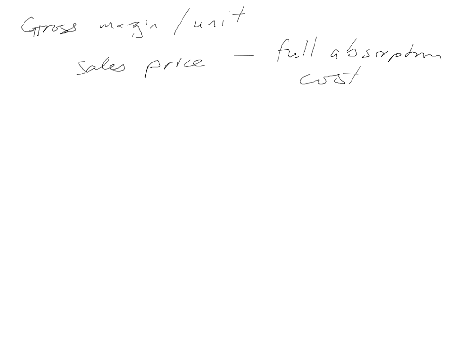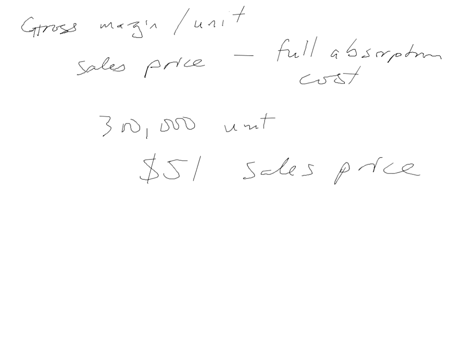And so for the 300,000 unit production level, we have a sales price of $51, which the question gives us. And we've already calculated our full absorption cost on part F for $37. So in this case, we just do 51 minus 37, and we get a gross margin of $14.